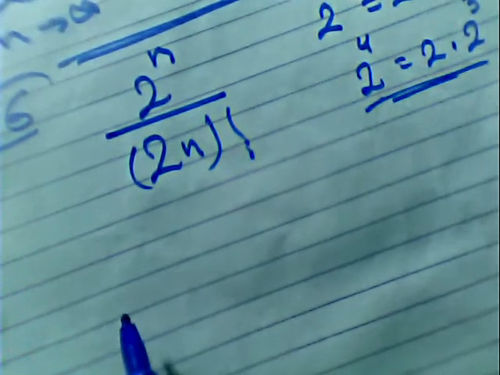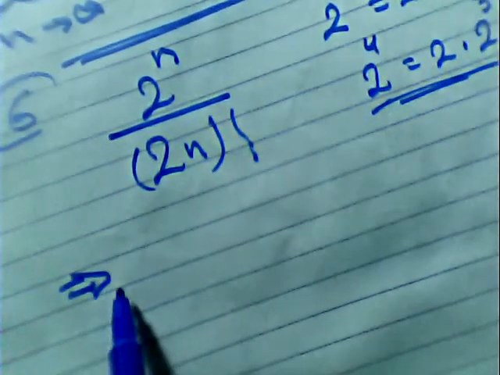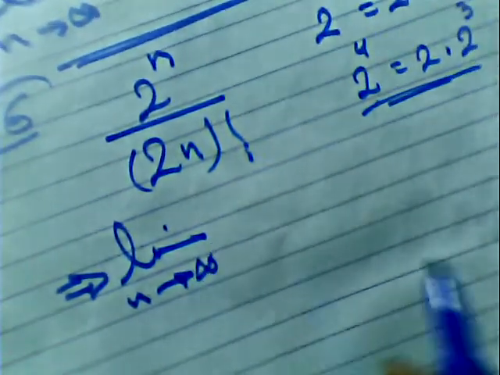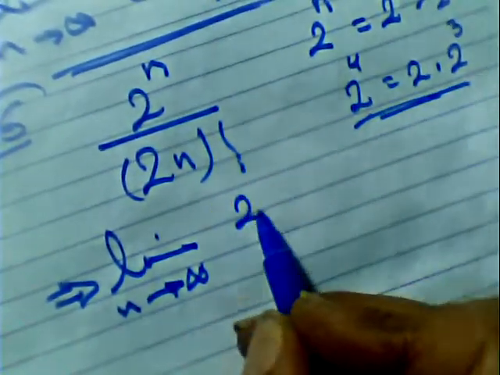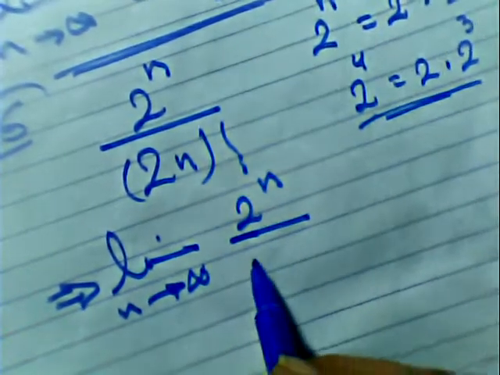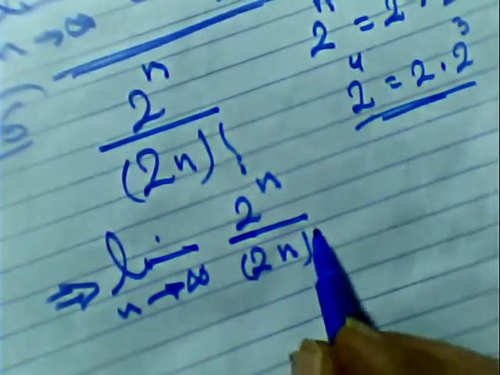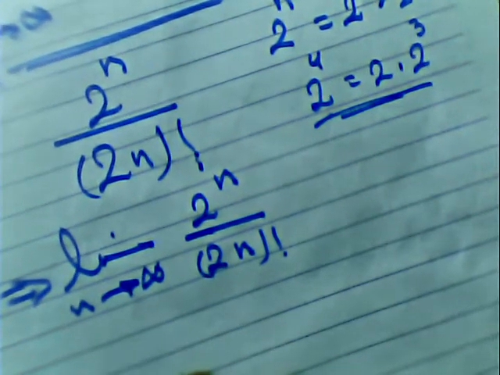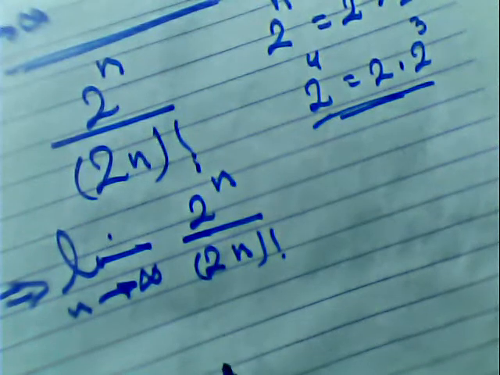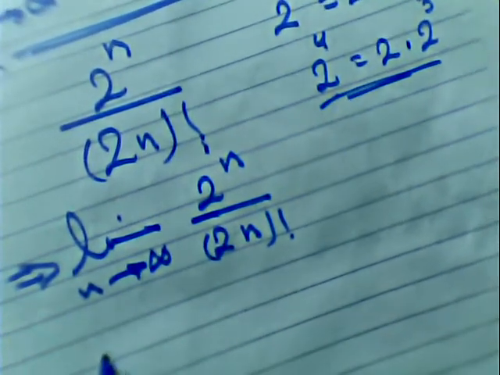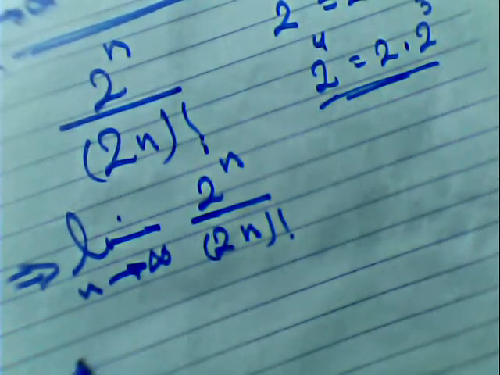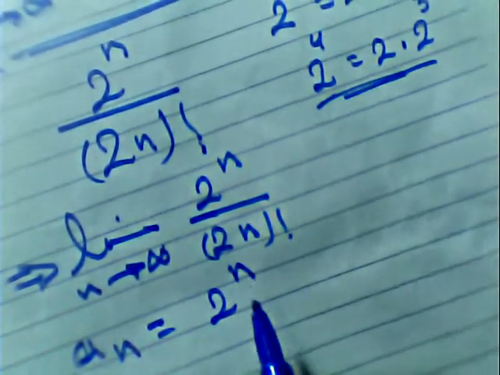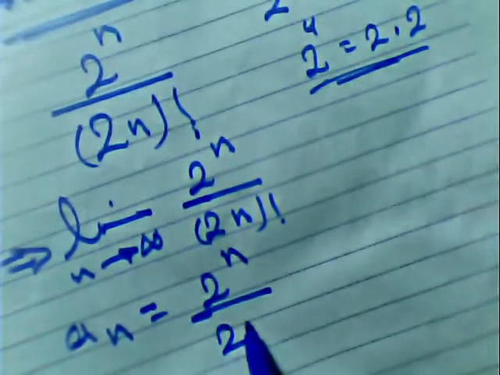Then we can get the limit as n goes to infinity of 2 to the power n over 2n factorial. We can use some ideas to solve this. We put a n equals 2 to the power n over 2n factorial.